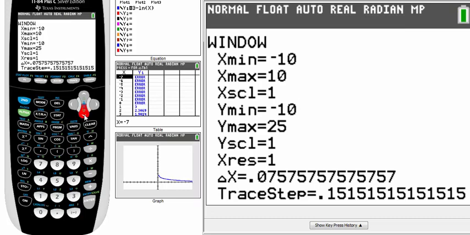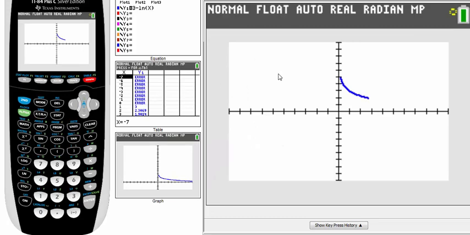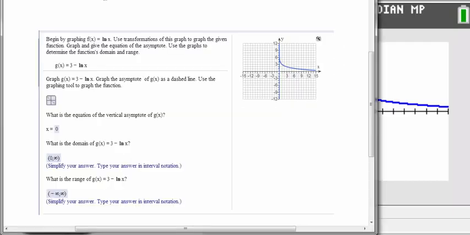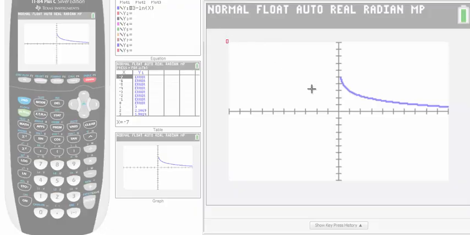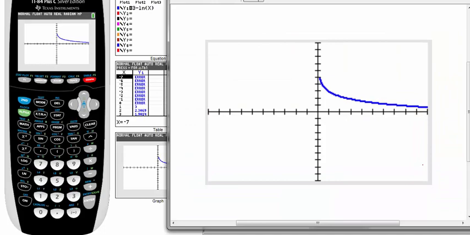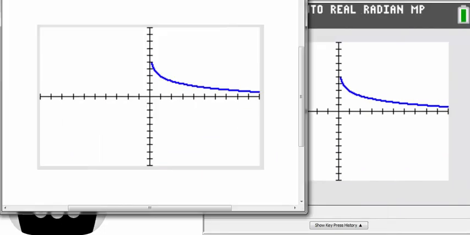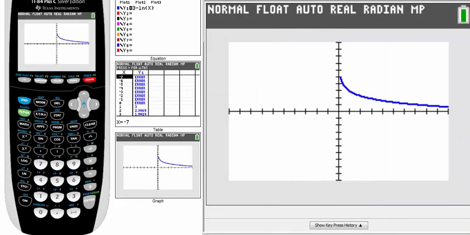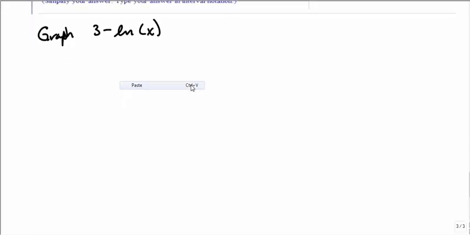I like always changing these by hand because it reminds me what I'm working with. It still chops this off a little bit. So we know that it continues to go up, so we have to have some knowledge about the graph, and without that knowledge, the graph doesn't look correct, so I have to be really careful about that, but I know it continues to move up. So that's how we would graph on our calculators.